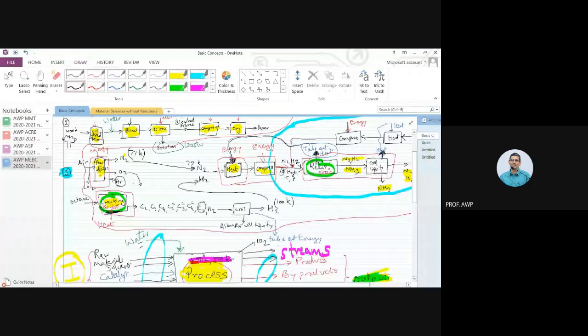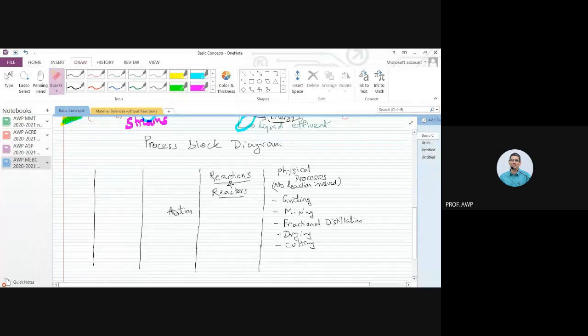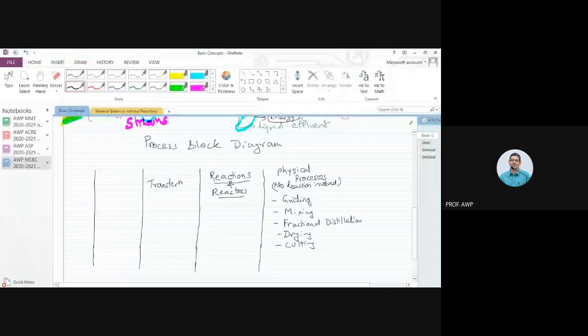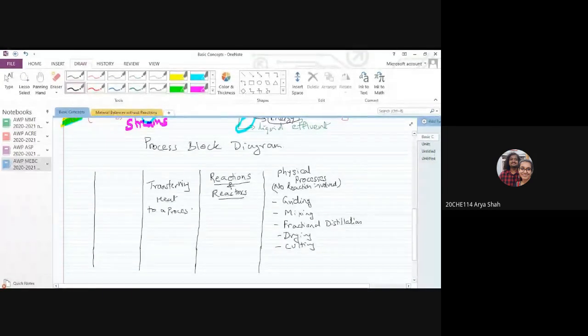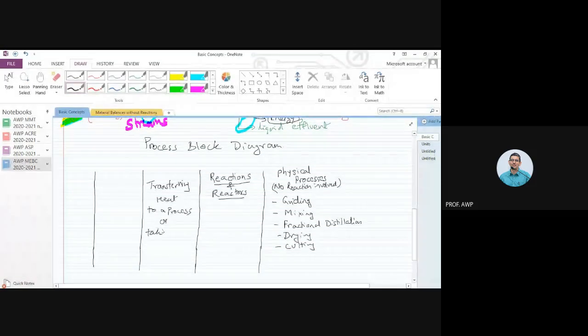I require heat for heating something from 77 Kelvin to, let's say, 400 degrees centigrade. So rather than writing heating, cooling or liquefaction as separate processes, let me write it as transferring heat to a process, or taking out heat from a process. We can write energy transfer as a process.